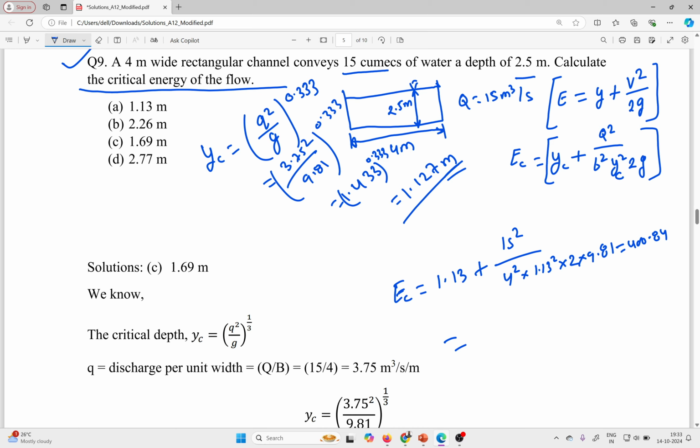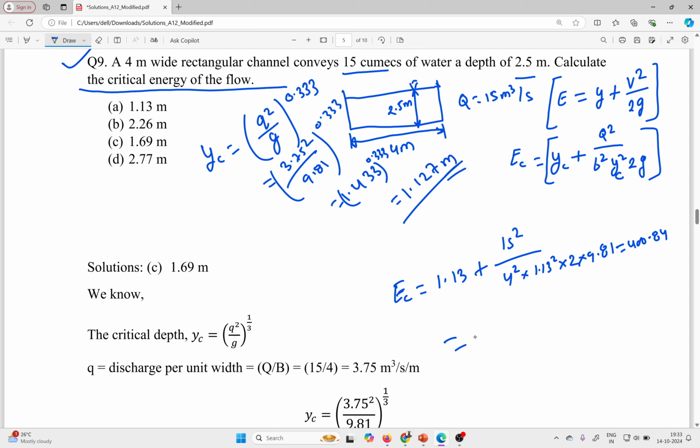Now 15 square divided by 400.84, 0.5613 plus 1.13.